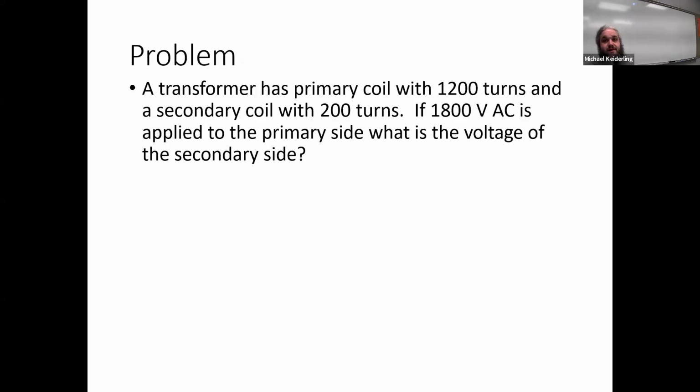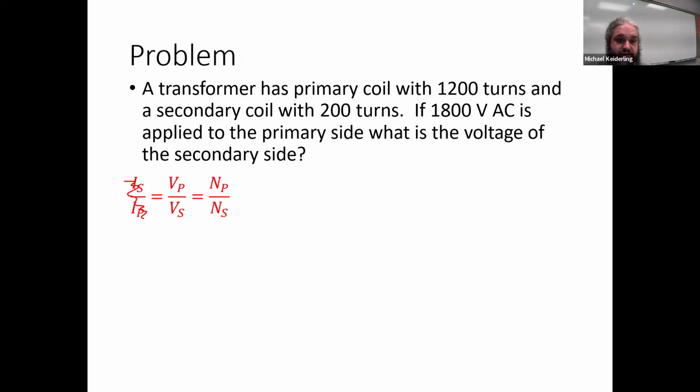So if a transformer has a primary coil with 1,200 turns and a secondary coil with 200 turns, if we put 1,800 volts on the primary side, what will the voltage of the secondary side be? Well, voltage primary over voltage secondary equals number of turns primary over number of turns secondary.